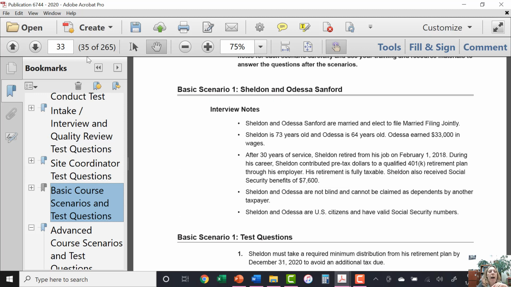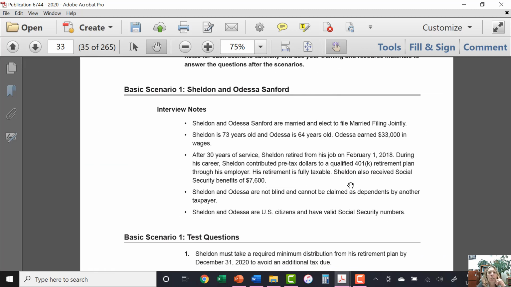So we have Sheldon and Odessa Sanford. Sheldon and Odessa are married and elect to file married filing joint. Sheldon is 73 years old and Odessa is 64. Odessa earned $33,000 in wages. After 30 years of service, Sheldon retired from his job in 2018.